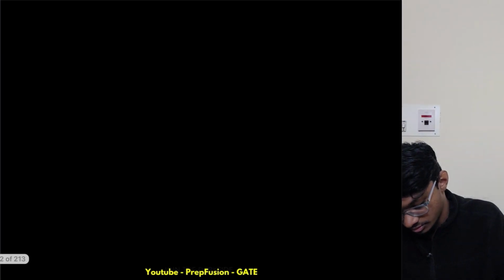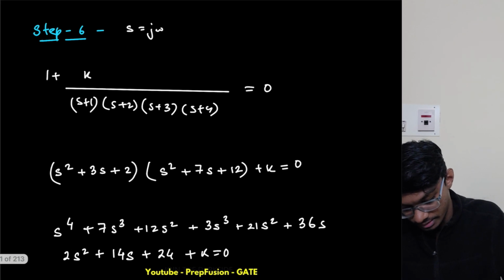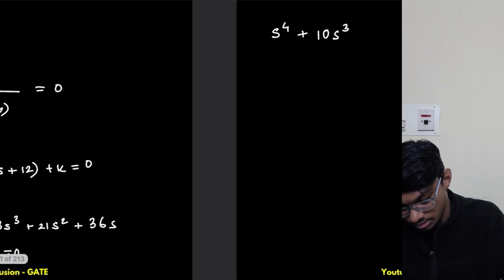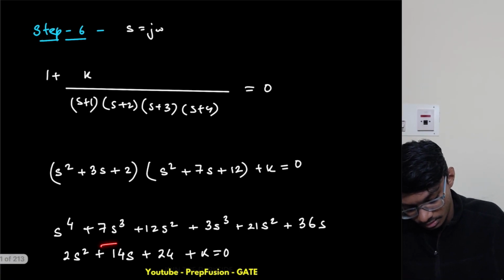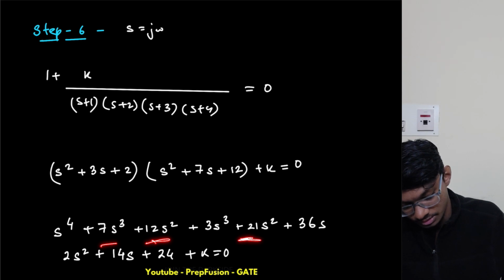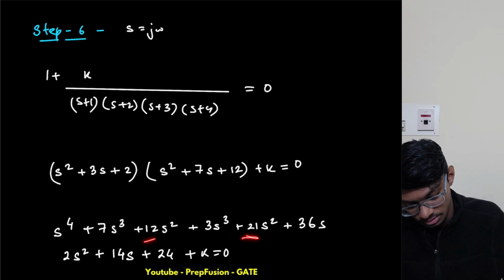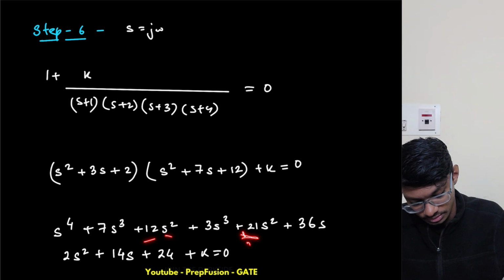So this will be s to the power 4 only, then this is 7s cube plus 3s cube, so this is 10s cube. Now this is 12s square and 21s square. And do you have any other square terms? No. So this is 12 and 21, so this is 33s square, right? 33.